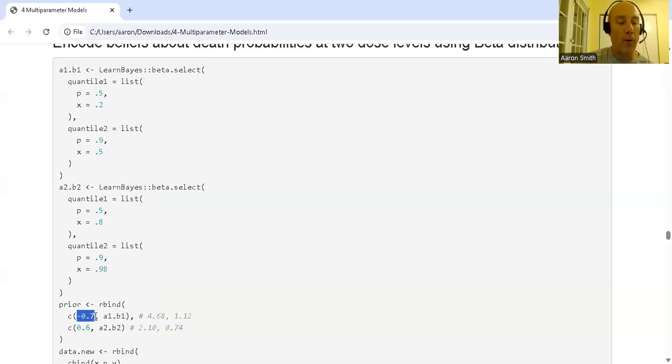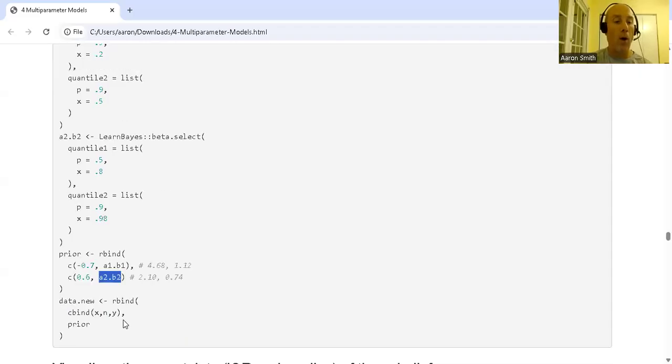Here is my X value, so the dose, and then inside here, which I've got hidden, are the alpha and beta values at the two locations. All right, so now what I'm effectively going to do is pretend that my prior is actual data.